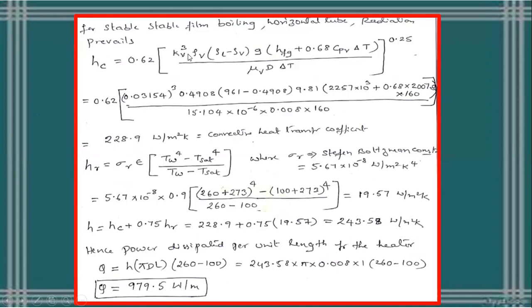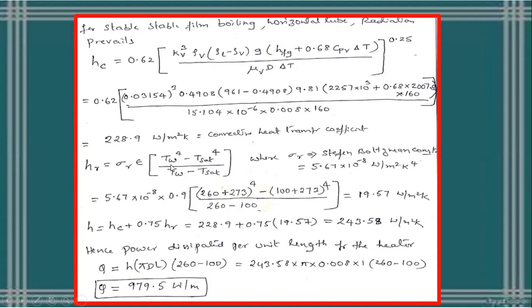The conductivity value is nothing but kV. Again, these are vapor conditions, rho V, rho L minus rho V into g, multiplied by HFG. All these properties we have already taken from the data handbook. Substitute here and get the convective heat transfer coefficient.